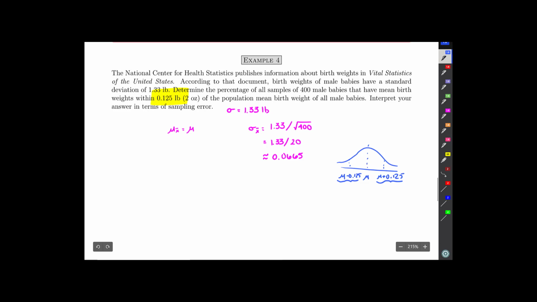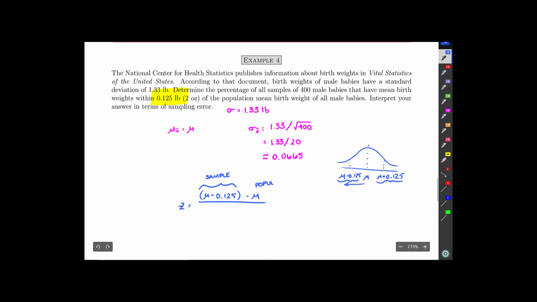So for the first one, if we are looking to the left of the population mean, we have z is equal to mu minus 0.125 minus mu. That's our standard notation. This is our sample, and then this is our population.